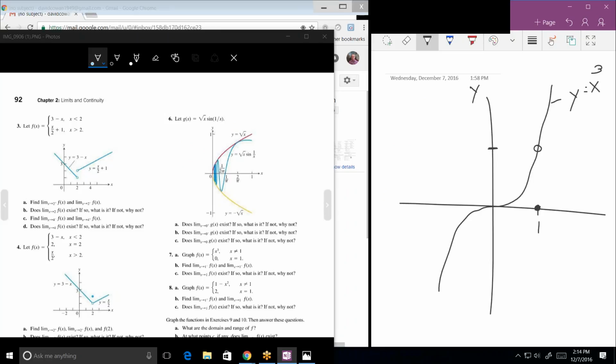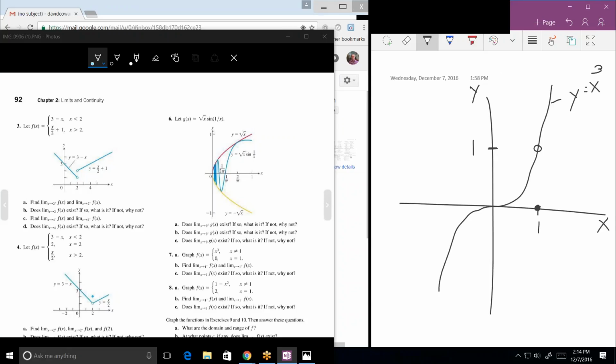Yeah, that's 1 also. So what's the limit as we approach 1 on the x-axis from the right? 1. And from the left? 1. Therefore, its limit? 1.